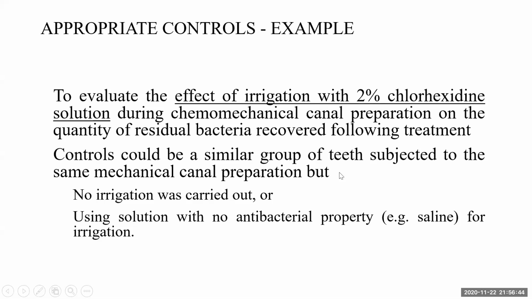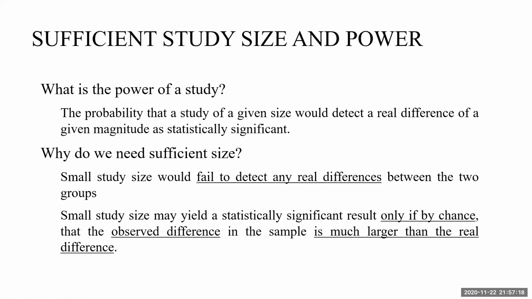So in that scenario, in order to answer the research question, we need another similar group of teeth, to see whether 2% chlorhexidine during chemomechanical canal preparation affects the quantity of residual bacteria recovered following treatment. So according to the question, we will design our study.